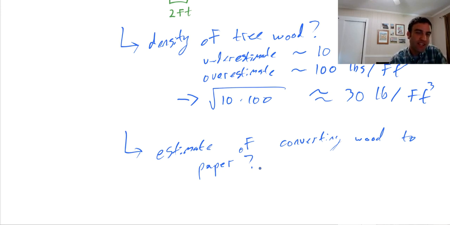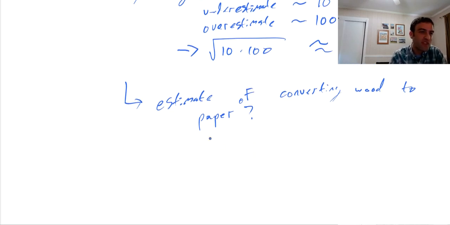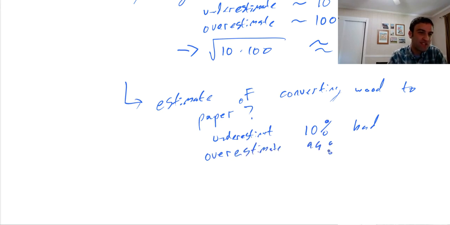I think if you only had a 10% yield, that would be a really bad industrial process. And maybe for some complicated things, that's what you get. But like we've been making trees for a long time. And so again, I'm going to say, my underestimate is that 10% efficiency would be bad. And my overestimate is that 100% efficiency or 99% efficiency is unreasonably good.